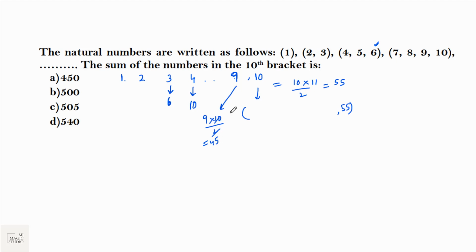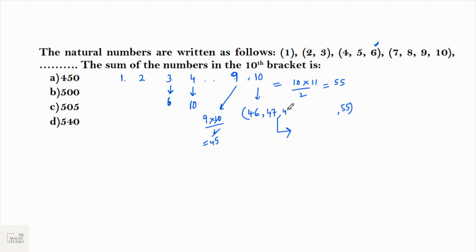That is 45. That means the 10th bracket's first member is 46 and the last member is 55. Or else we could also have calculated it by using 55 minus 10 plus 1, the first member of the 10th bracket.